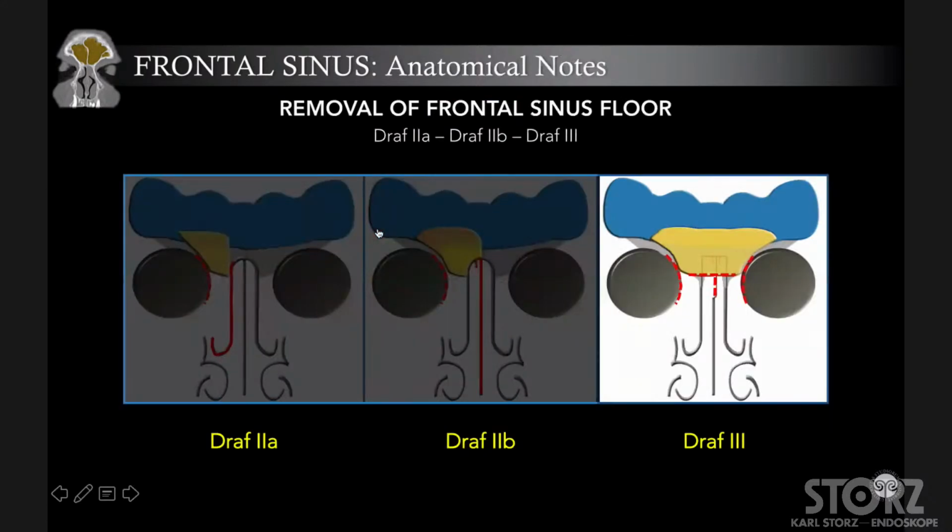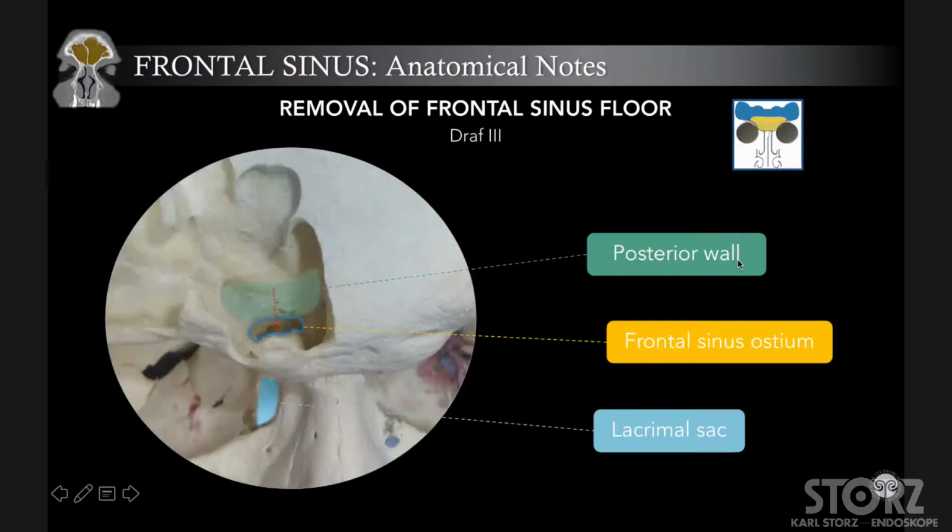Finally, sometimes you can also perform Draf type 3. Draf type 3 means that we have to completely drill out the floor of the frontal sinus from orbit to orbit, including in the resection also the upper part of the nasal septum in its anterior aspect, in order to remove also the intersinus septum and join the right and left frontal sinus.